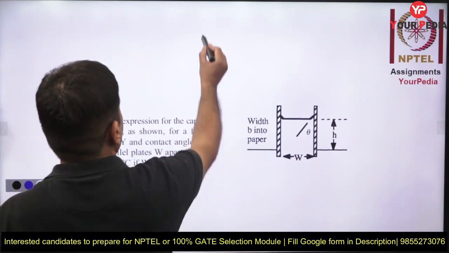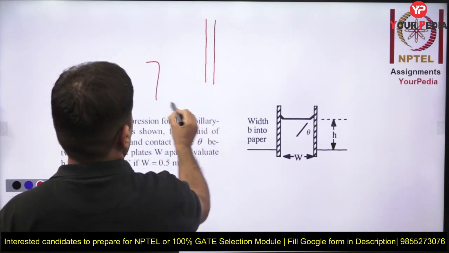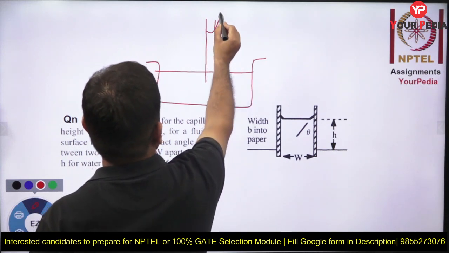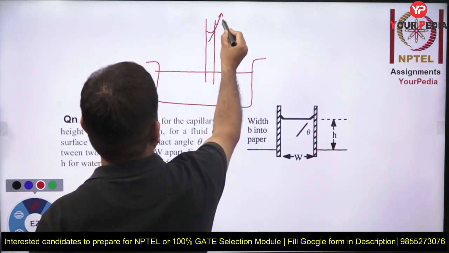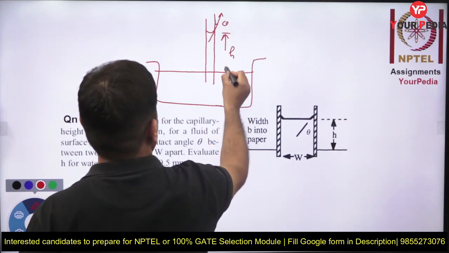Suppose I give you a small capillary tube, and you have to find the height rise. This is the angle of contact theta, and this one is the rise of the height.